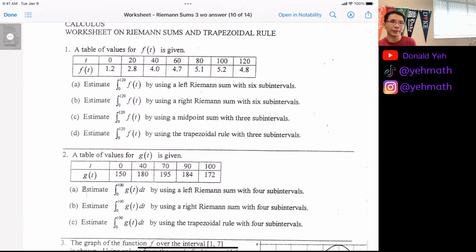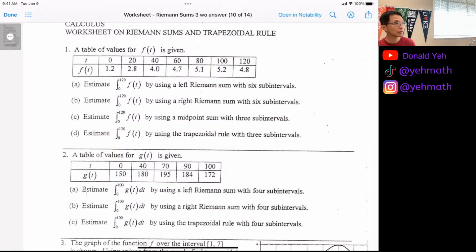Then you want to figure out what to plug in, the right value. That makes sense, because you're multiplying all these values by 20. I use a midpoint of 20. Actually, it's supposed to be 20.